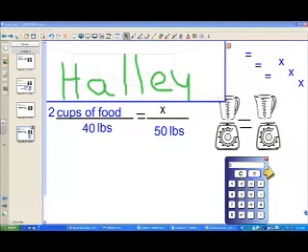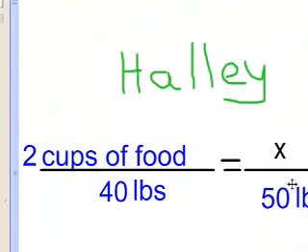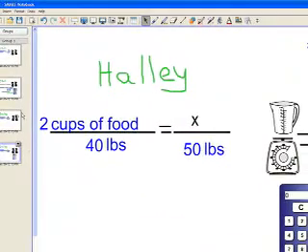Let's look at how to solve Haley's problem. We have a ratio of 2 cups of food to 40 pounds, and we're trying to find the equivalent ratio of x over 50 pounds. There are lots of different ways to solve this problem, but we're going to use cross multiplication.